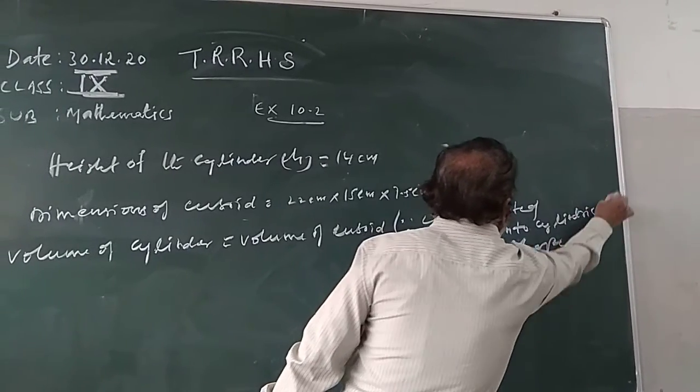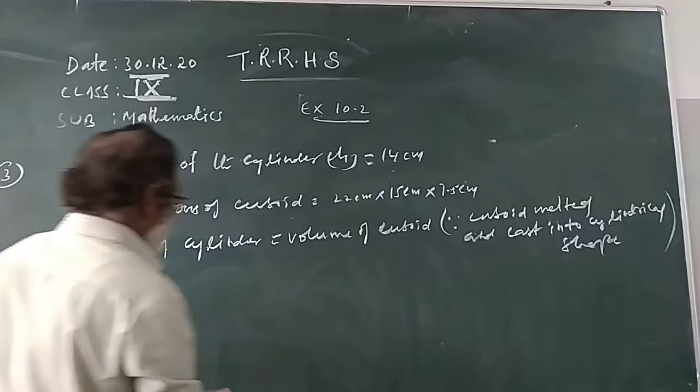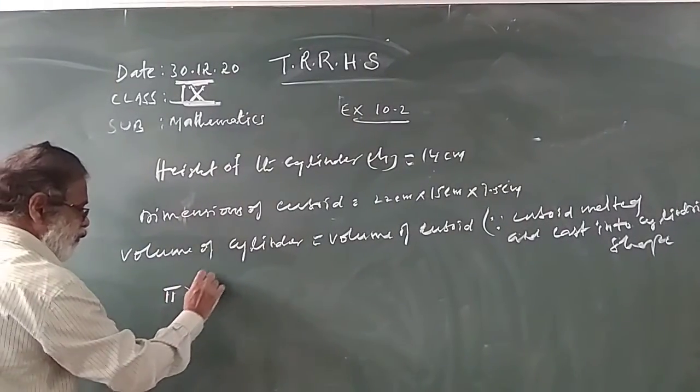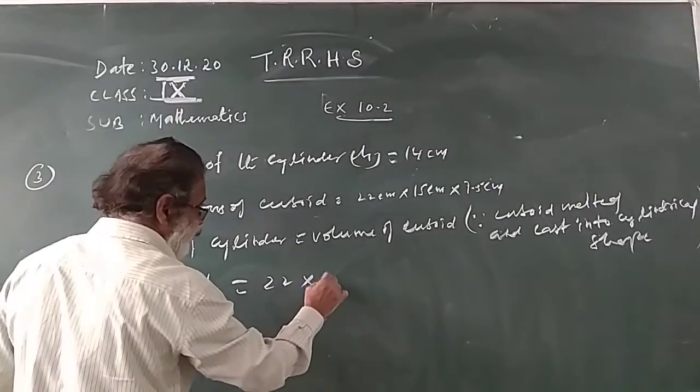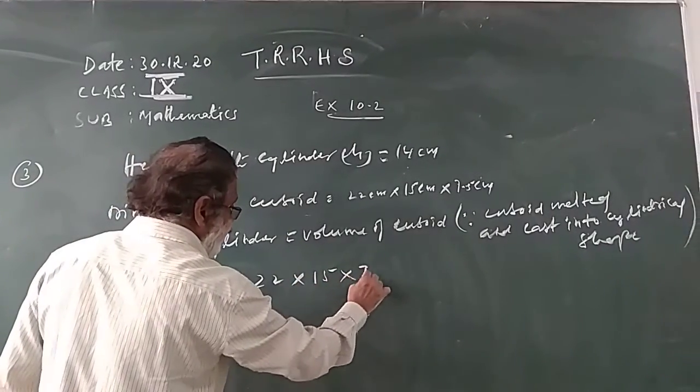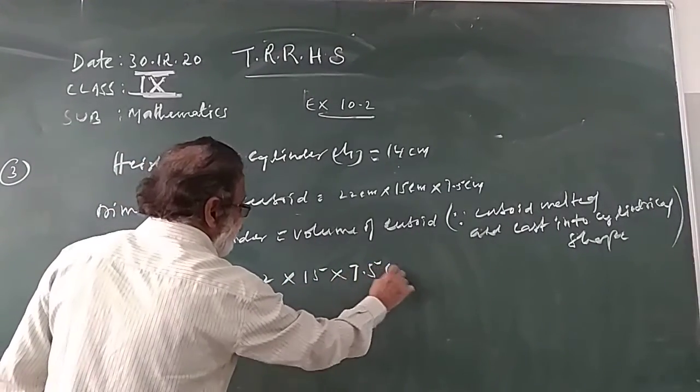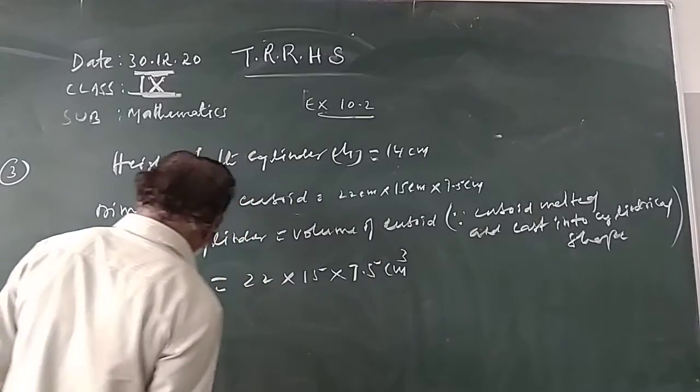That is why both volumes are equal. Volume of cylinder formula is pi r square h. The volume of the cuboid is 22 into 15 into 7.5 cubic centimeters.